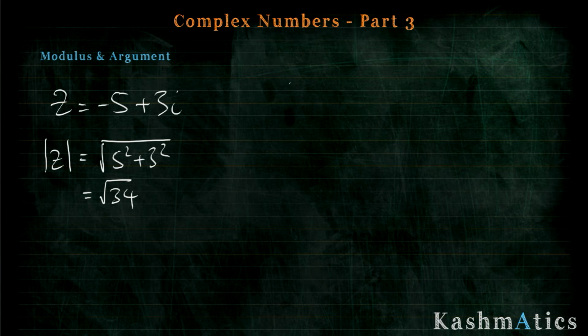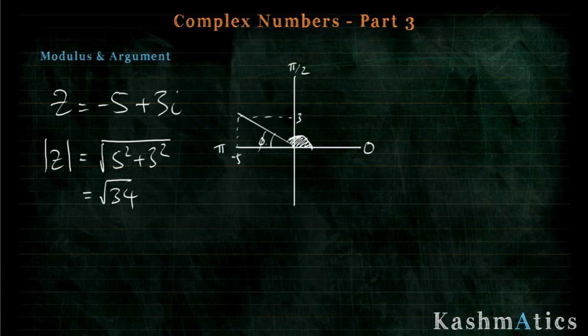And for the argument, I draw myself an Argand diagram, find the position, so minus 5, 3, somewhere over here. I'm just going to mark this angle on, because that's what I'm going to calculate first, but the angle that's my argument is this one here. Remember, 0 is over here, that's pi over 2, and that's pi. So let's work out what that is.